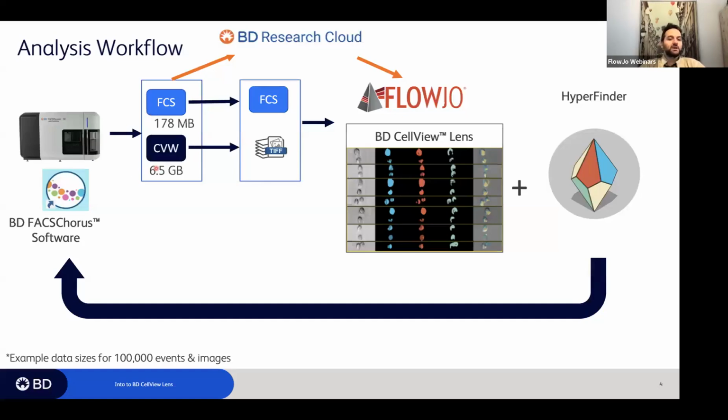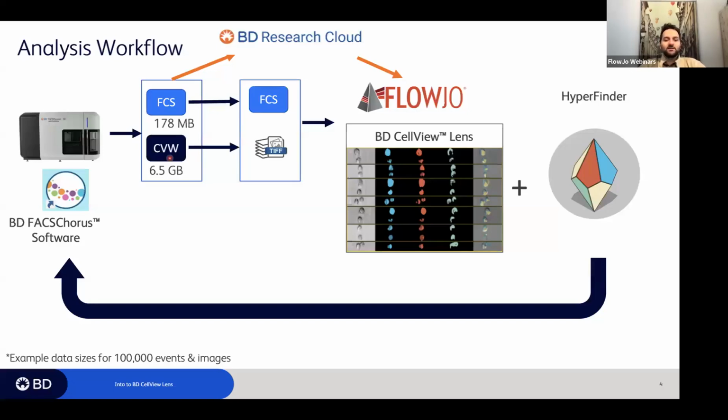This is like a zip file, a Chorus wave format file, which is basically all the information for the images. Here is a representative data size, just so you have an estimate: this is 400,000 events together with a corresponding wave format file.